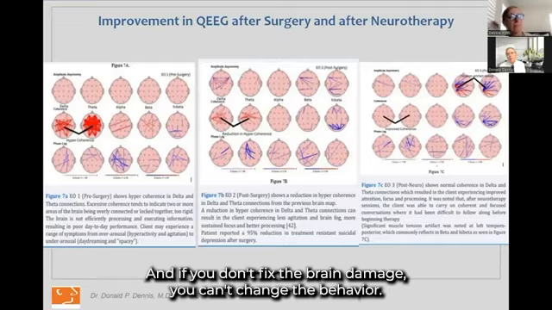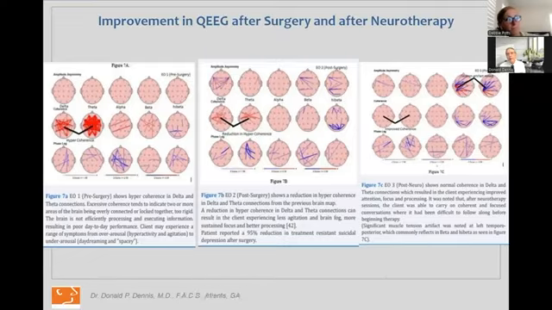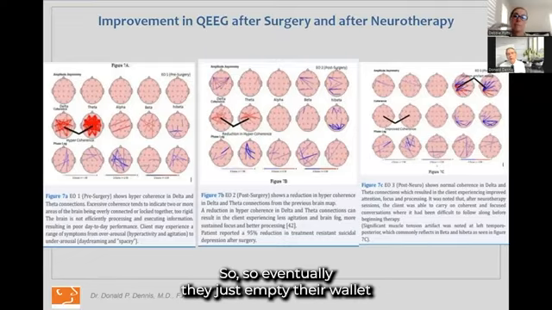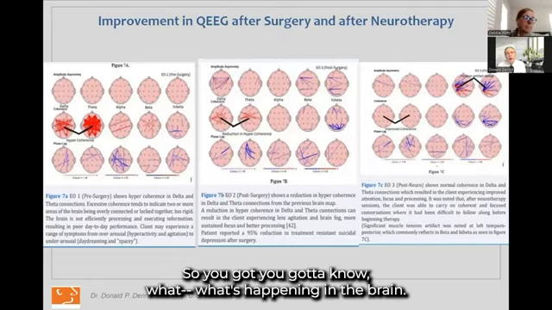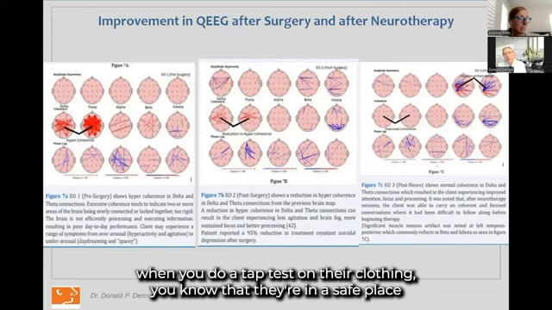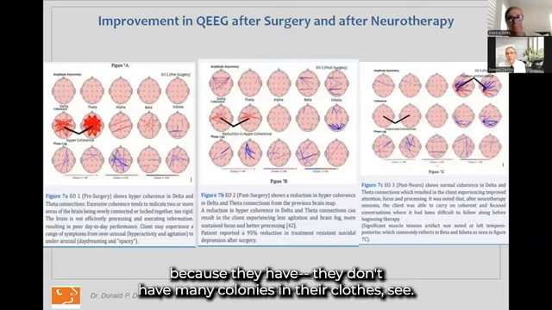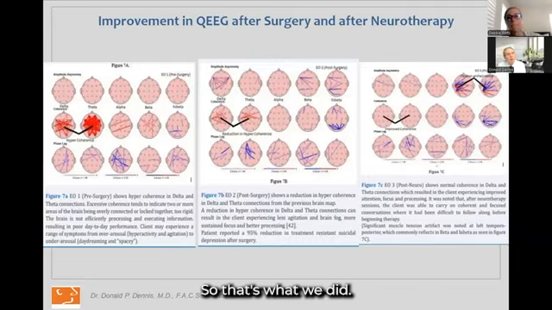If you don't fix the brain damage, you can't change the behavior. Eventually they just empty their wallet and they never get any better. So you've got to know what's happening in the brain, and also when you do a tap test on their clothing, you know that they're in a safe place because they don't have many colonies in their clothes. So that's what we do.